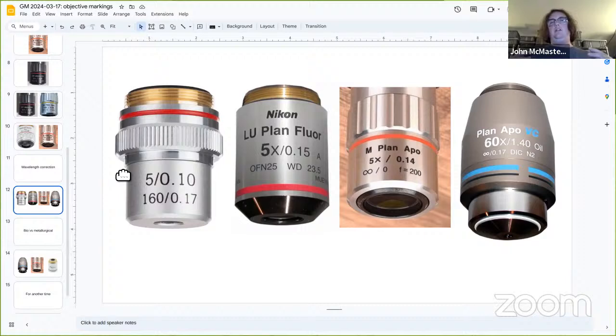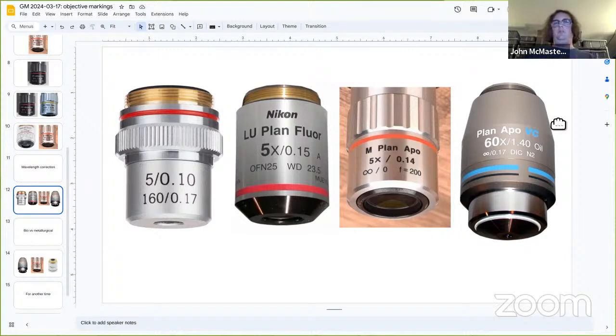Versus plan means the barrel distortion and these sorts of things, which we didn't really touch on too much: how uniform is your field? Do you get straight lines as you go across the objective? There are a lot more quality metrics than just the color correction, like this APO. In that same ballpark, there's also the field number of the objective, which is not printed on the side.